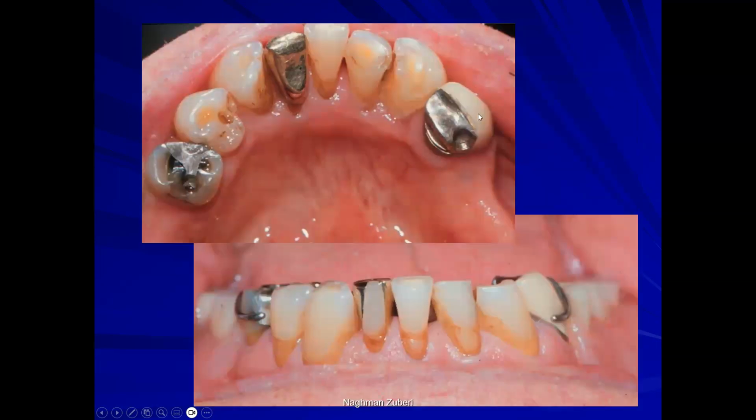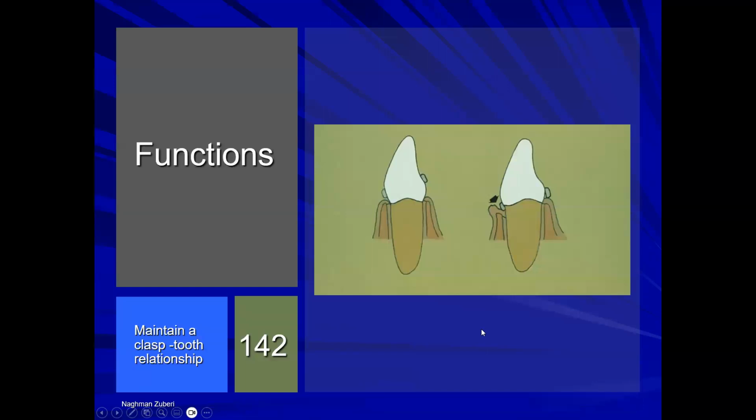Again, the root canal treatment is done and the tooth is restored with a recess in it for housing the rest over here, and now the denture is functional again. If there is no rest, under occlusal masticatory forces the denture is going to slip and impinge on the soft tissue.